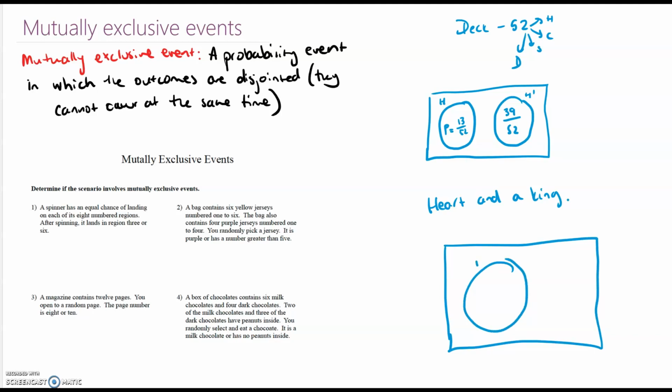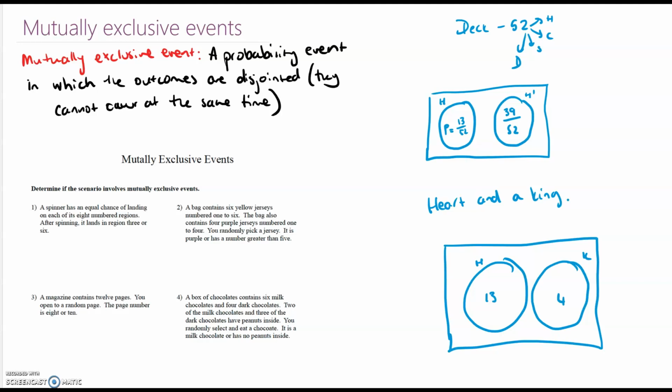This is our heart circle here. And we know that there's 13 hearts altogether. We also know that there are 4 kings. However, there is one card which is both a heart and a king.